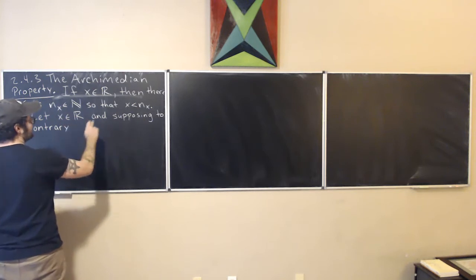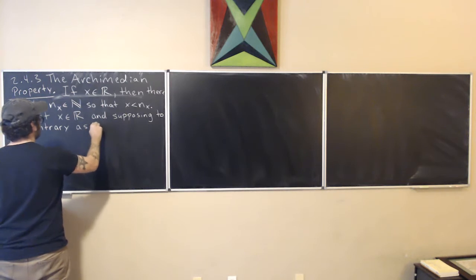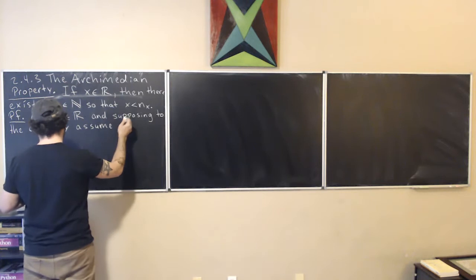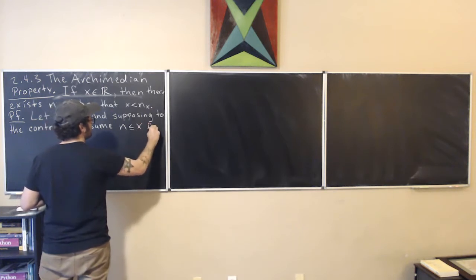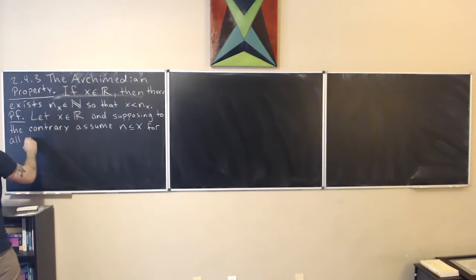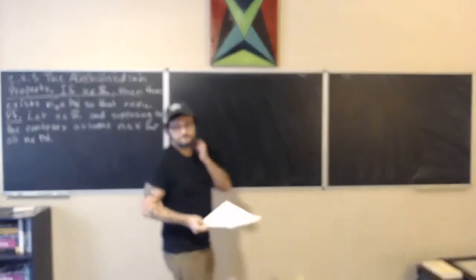So let x be a real number. Supposing to the contrary, assume n is less than or equal to x for all natural numbers n. Okay, and we're going to see that this is going to give us a problem.